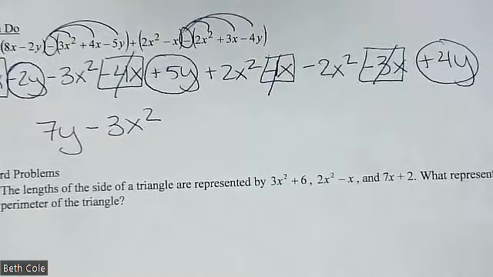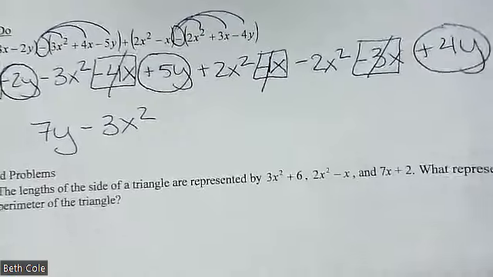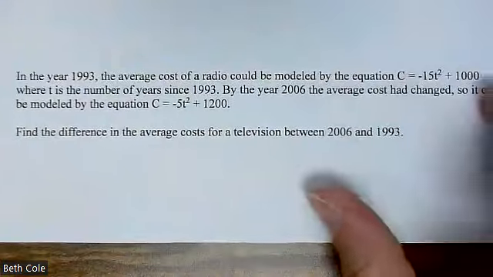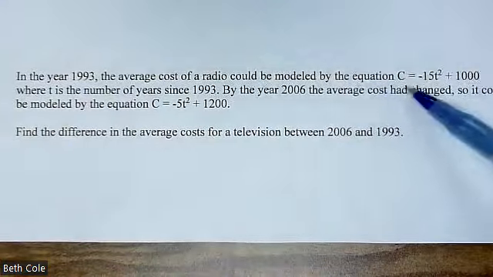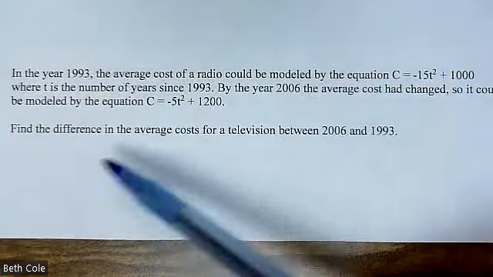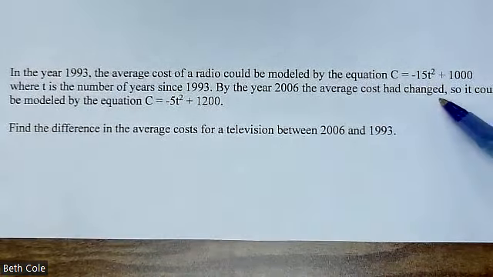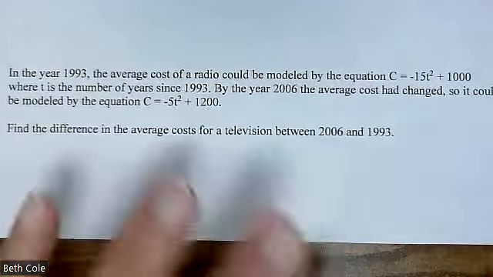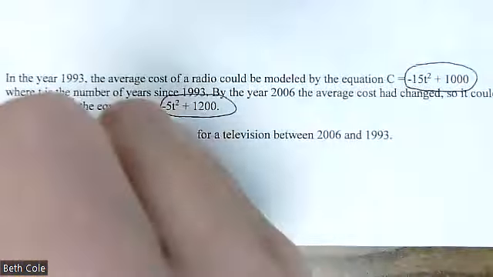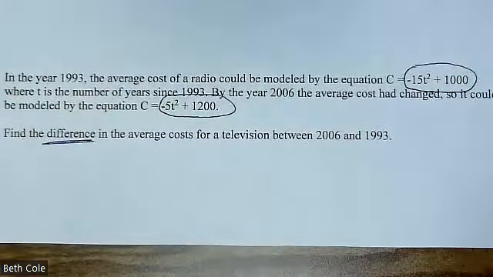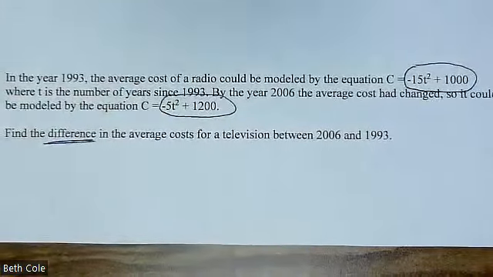And then let me see, let's do the number 19. In 1993, the average cost of a radio could be modeled by this equation. By 2006, the average cost had changed, so it's now modeled by this equation. So these are the two equations that you're looking at. Find the difference. What does the word difference mean? Subtract.